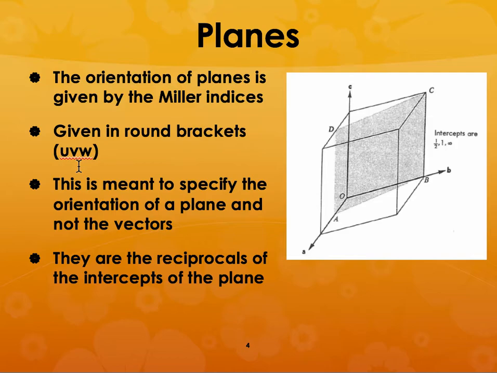Those indices have to be integers, and they are represented in a generic fashion by UVW, and this is meant to specify the orientation of a plane and not the vectors themselves. What is to note is that these are the reciprocals of the intercepts of the plane, and those numbers are whole integers. So if you have a fraction, you have to multiply to get whole numbers.